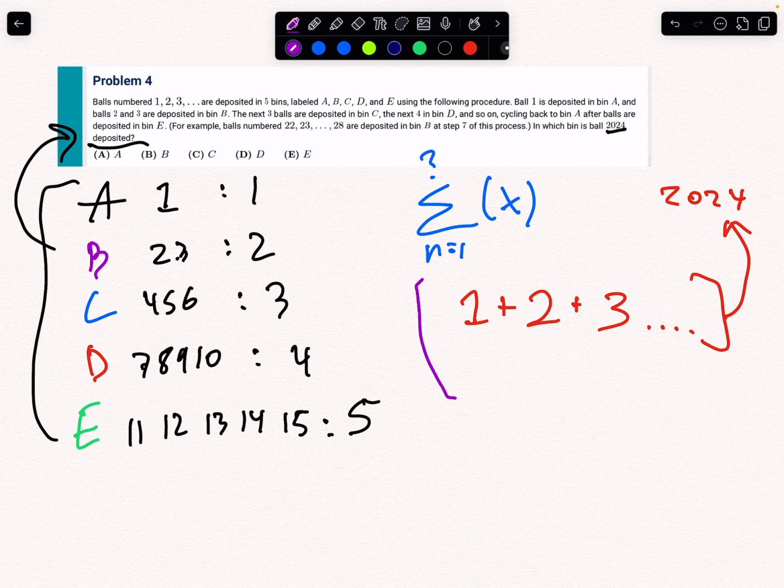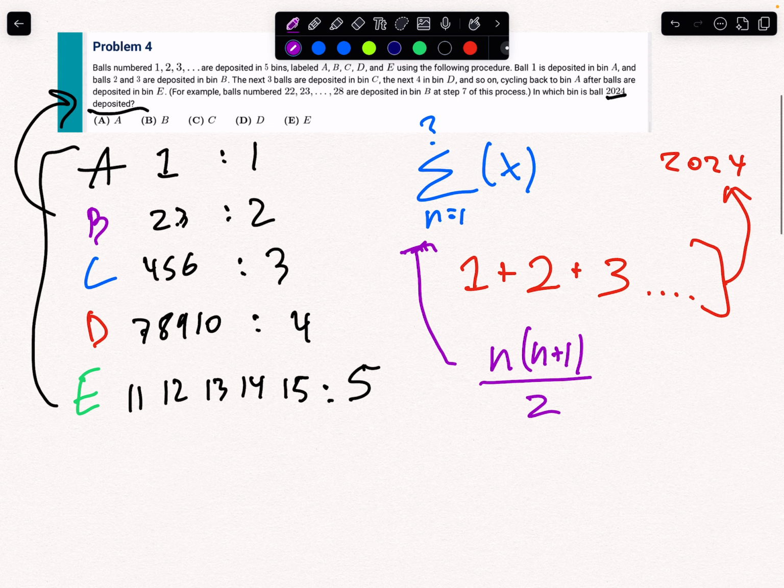From a previous video, there's a formula we use for this, where the sum is equal to n times n plus 1 over 2. This is solving out the sigma notation. Going back, we want to know when this is equal to 2024.